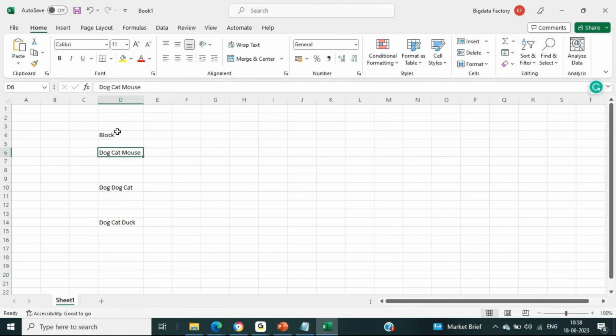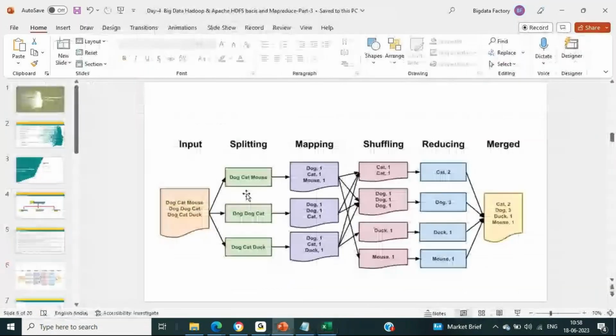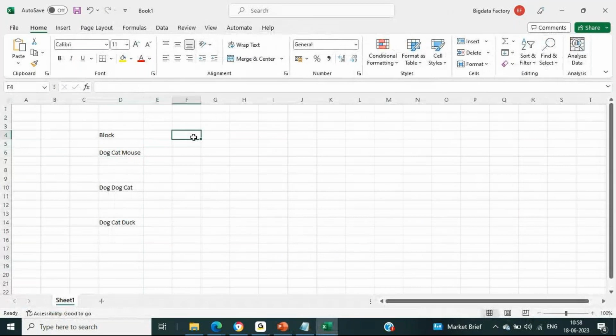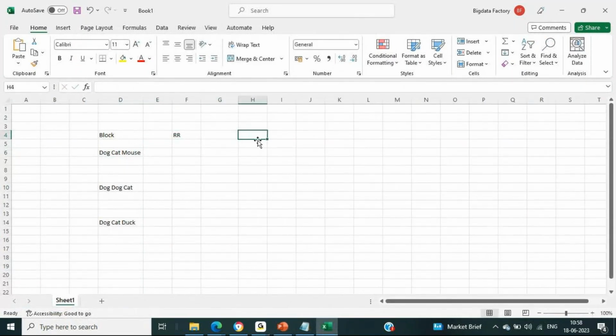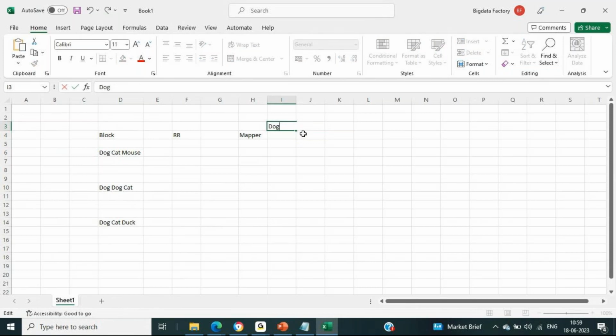Then this will be given to, say, the record reader. We know it very well, so I'm skipping that particular step. Then the mapper will come, and what the mapper will do is place one with each: dog one, cat one, and mouse one.